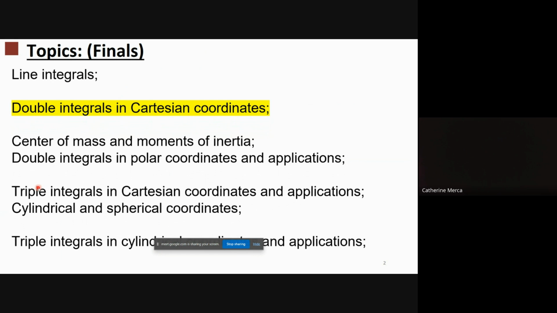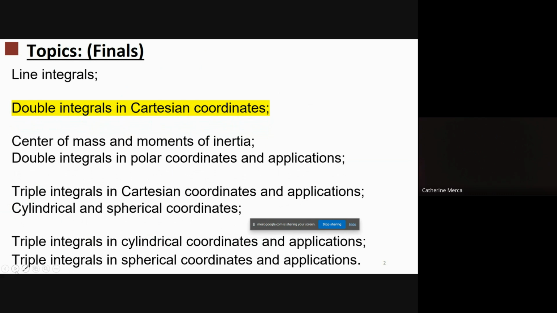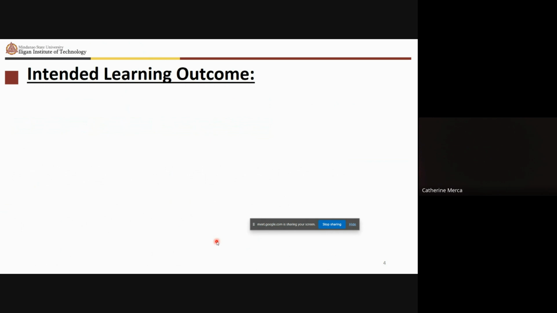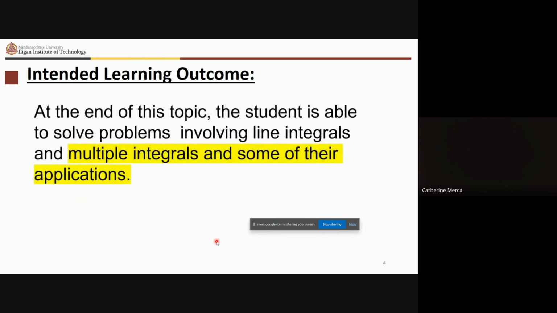Triple integrals in cylindrical coordinates and applications will all be discussed, to be followed by triple integrals in spherical coordinates and applications. Our intended learning outcome is for you to learn multiple integrals and some of their applications.